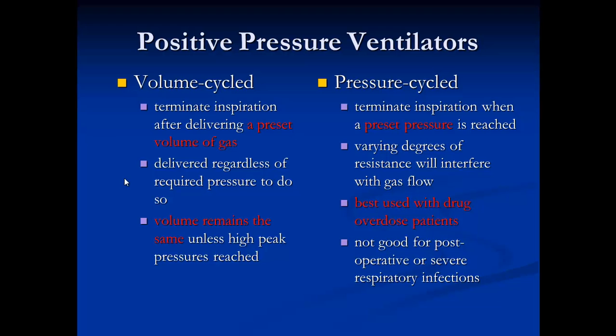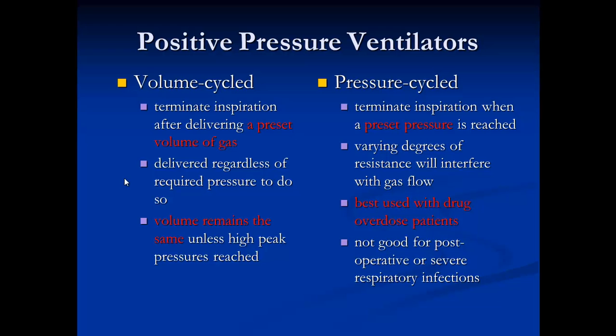With this type of breath, changes in airway resistance or lung chest wall compliance will alter the tidal volume. Worsening of airway resistance or lung compliance results in a decreased tidal volume.